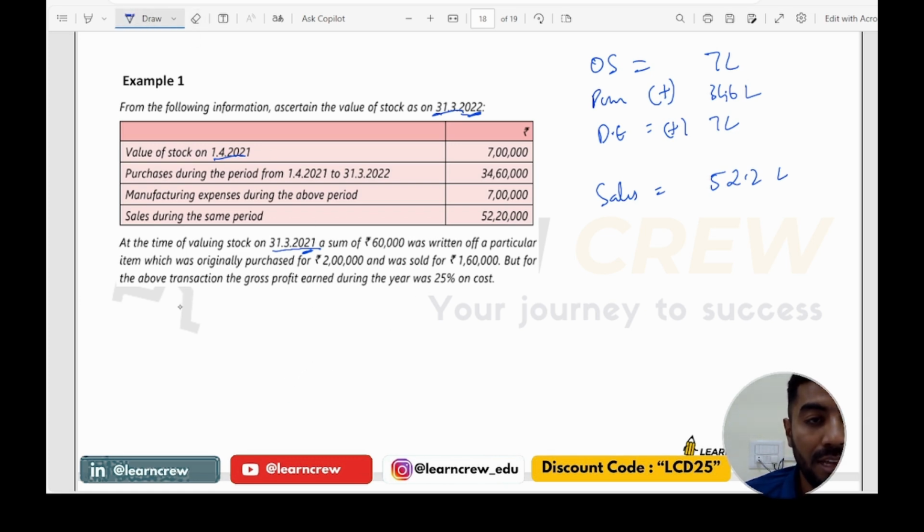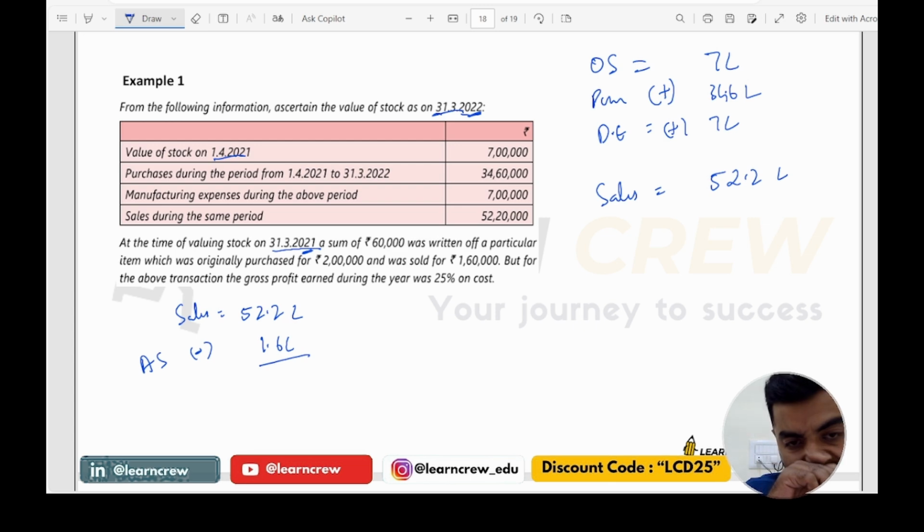So basically, sales is given, that is nothing but 52.2 lakh. In that, you will have to minus this abnormal sales, sold for 1,60,000. You have to minus 1.6 lakh.